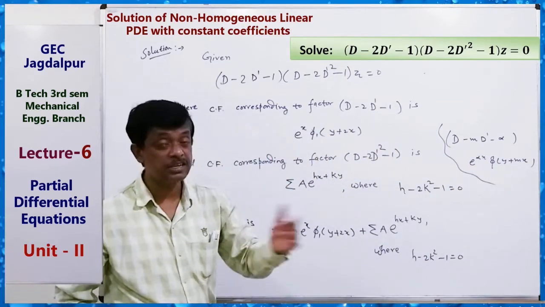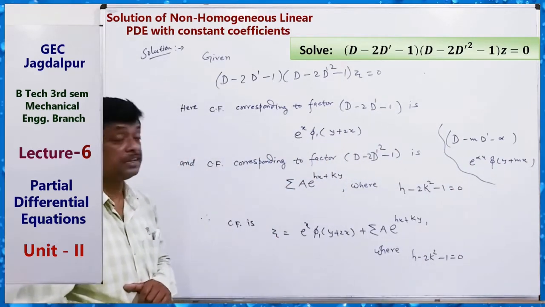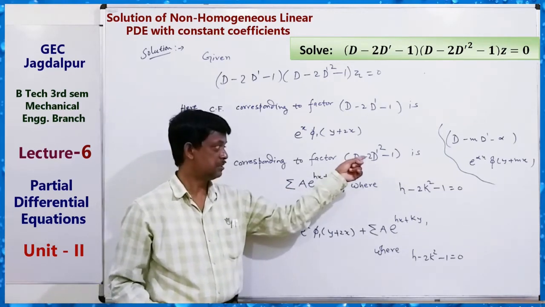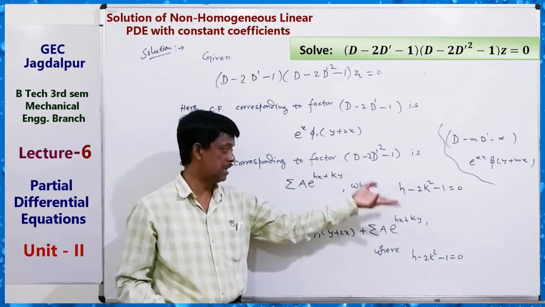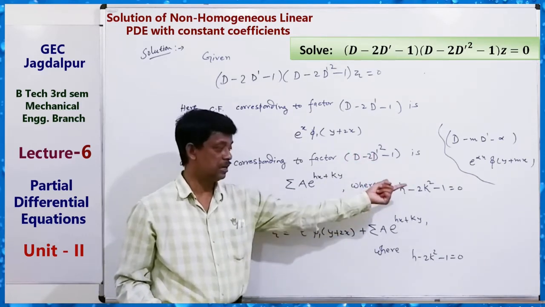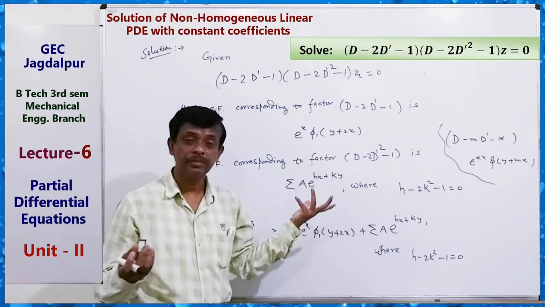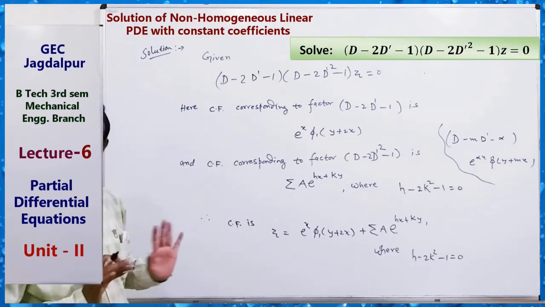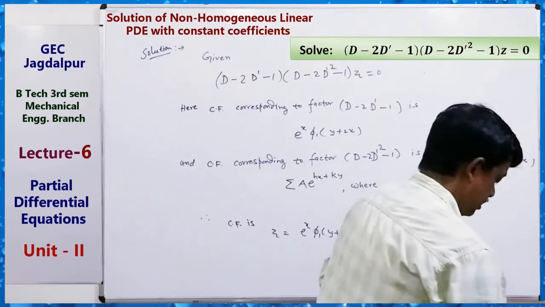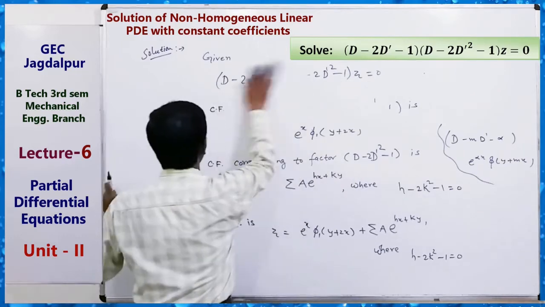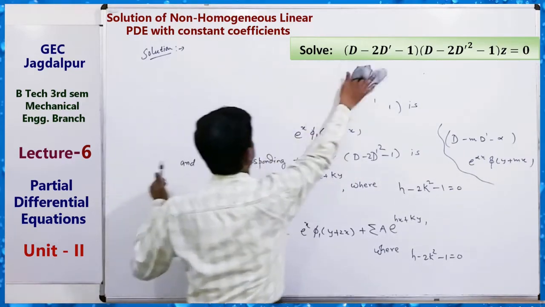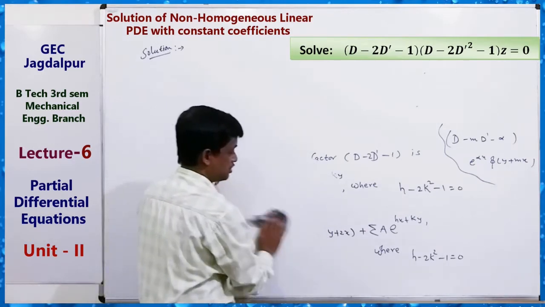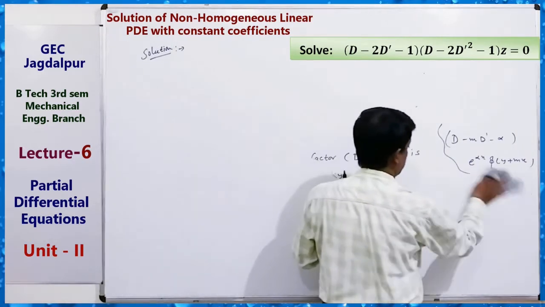If it cannot be factorized as linear in D and D dash, then we can use this: here D means h, D dash means k. This will be the relation, and this will be the part of CF. So we can write CF like this. Clear? This was the method of writing CF for non-homogeneous linear partial differential equation with constant coefficients.